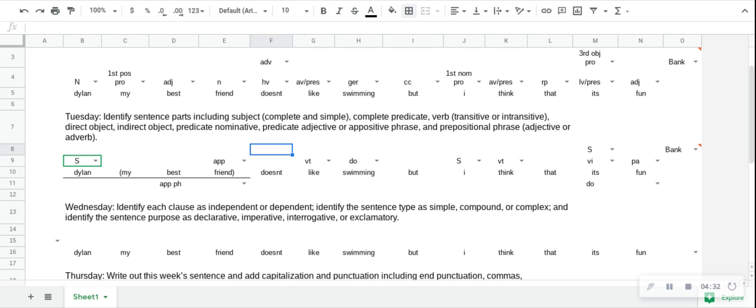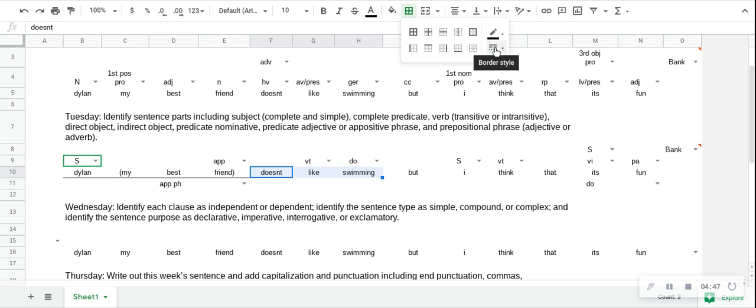Okay. So what is the predicate that tells us what Dylan, my best friend, is doing? Doesn't like swimming. So that's our predicate that goes along with that. So that's a double underline. Switch to double underline and boom.